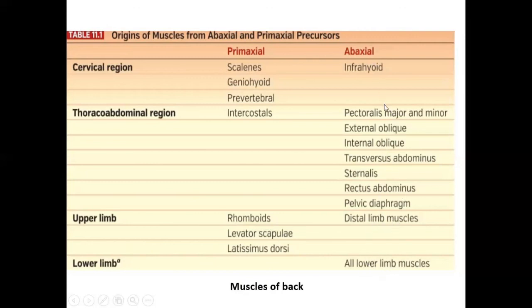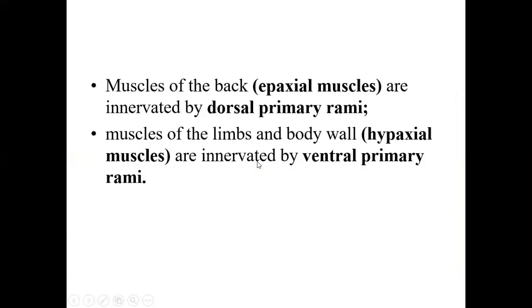So the abaxial domain gives rise to limb muscle and body wall muscle, and the primaxial domain gives muscle of the back and thoracic wall muscle, intercostal muscle. Muscles of the back are epaxial muscles innervated by dorsal rami, and muscles of the limb and body wall are innervated by the ventral primary rami.